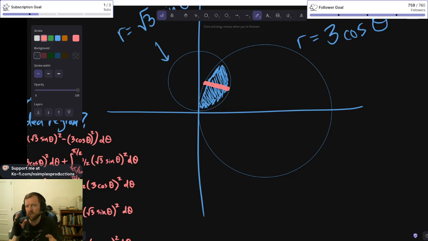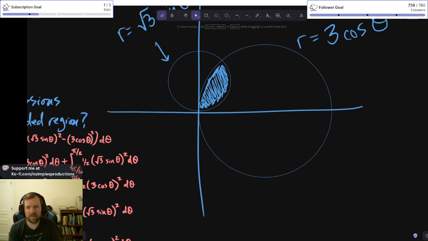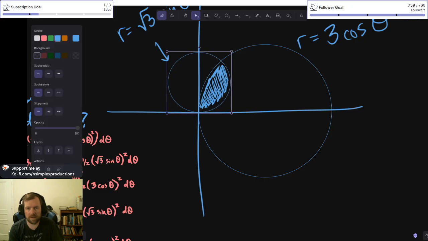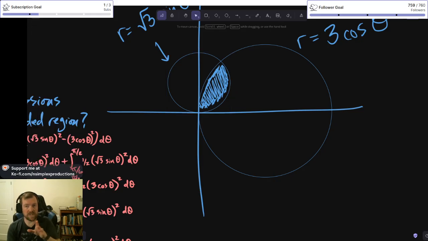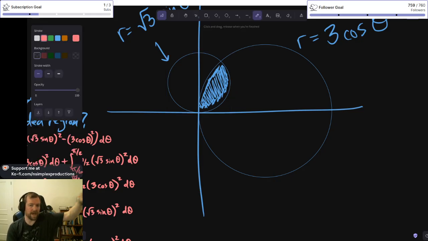But the problem is that that's not how polar coordinates work. Polar coordinates always start from our origin point, and then work their way out.